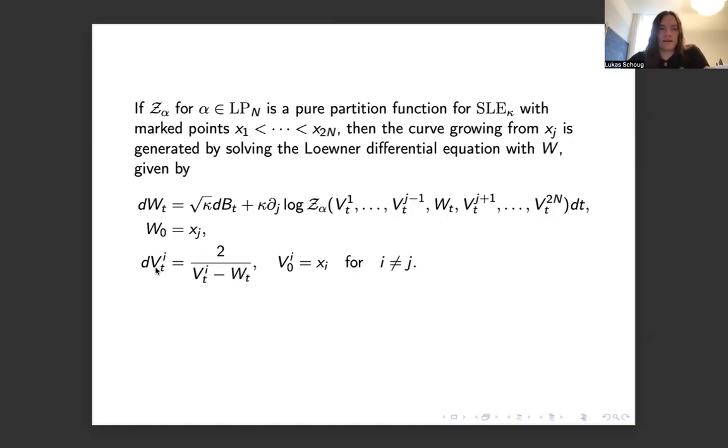And here, this VT is just the evolution, under these Löwner maps, of the marked points which are not the chosen one, xj. And this is called the local multiple SLE. This is because it's a very local construction. This tells you how to grow one of these curves, and one can check that this curve actually ends up in the right place.